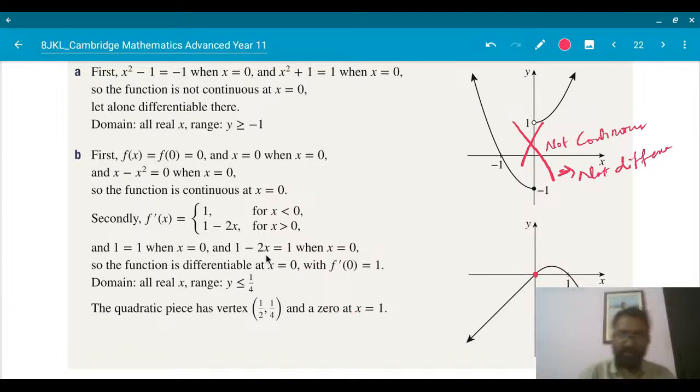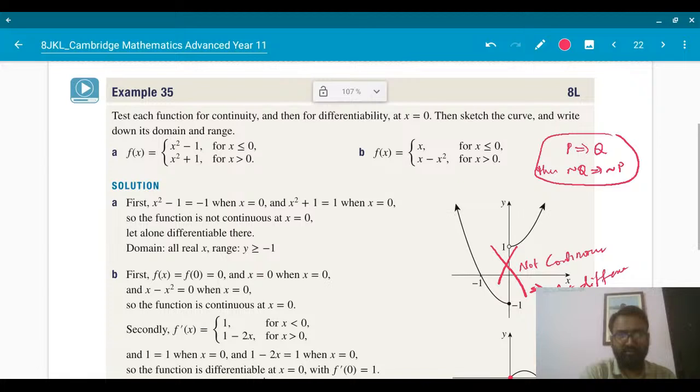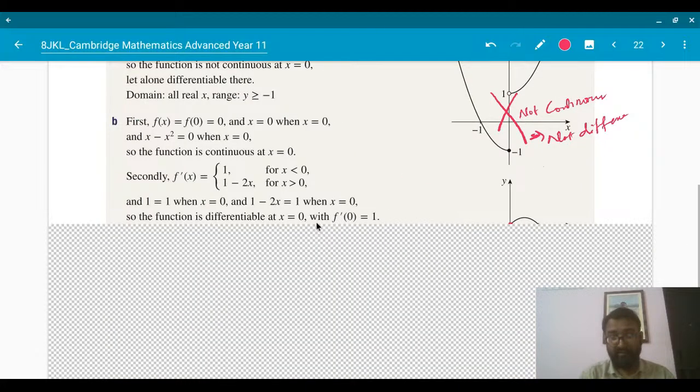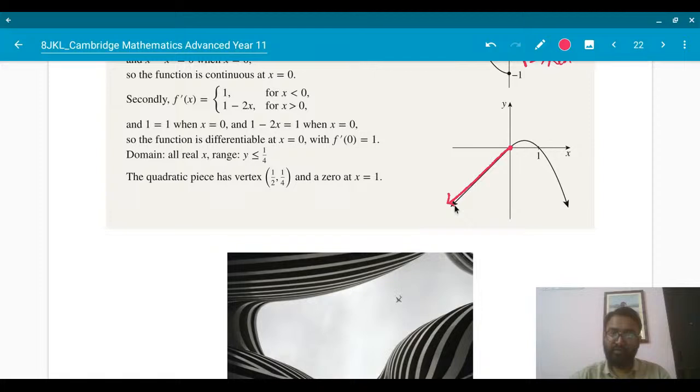This is the function having a problem at 0. The function is y equals to x for x less than 0, and when x is greater than 0, y is equals to x minus x square. Okay, x minus x square.